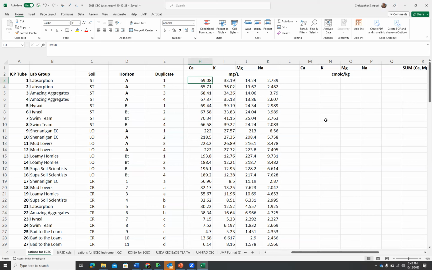For potassium, 39.10. Okay, for magnesium, it's 1 millimole is 24.31 milligrams, and that is 2 centimoles of charge for 1 centimole. And for sodium, 1 millimole is 22.99 milligrams, and there's 1 centimole of charge for 1 centimole.